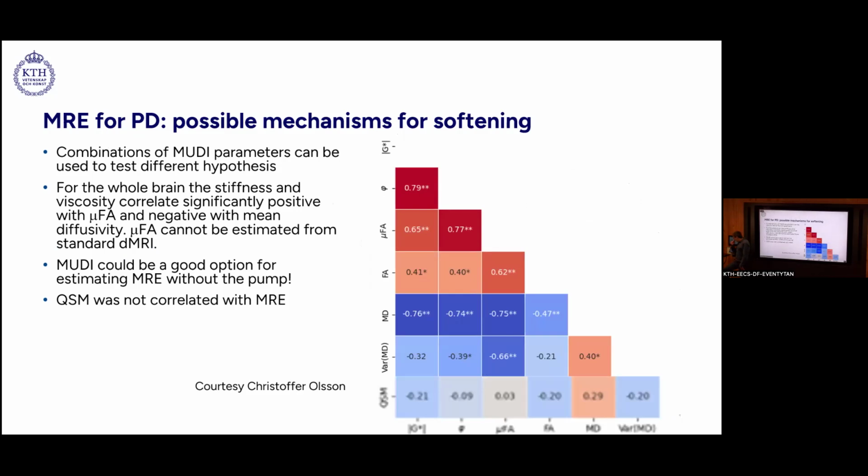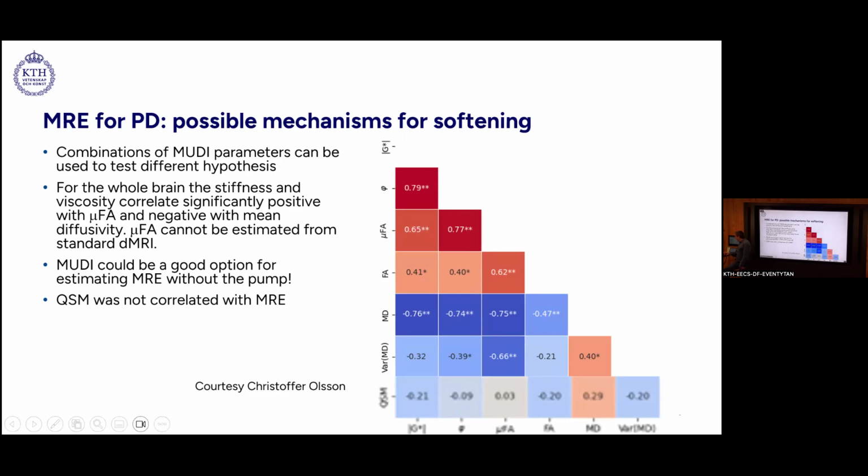And these are just some correlations we found. So we put here stiffness, viscosity, and all the parameters from Moody. And then we added here QSM. It's blurred for some reasons.